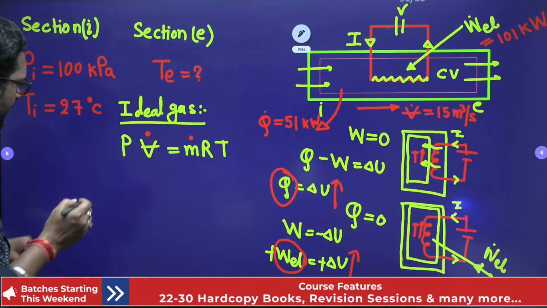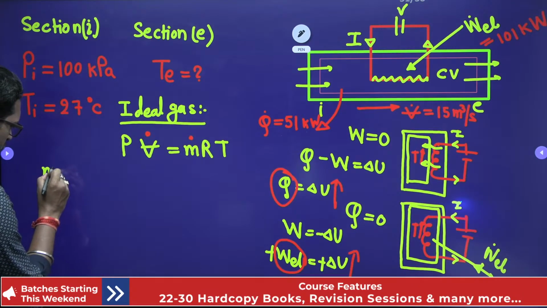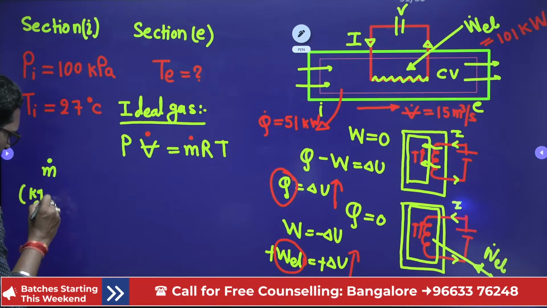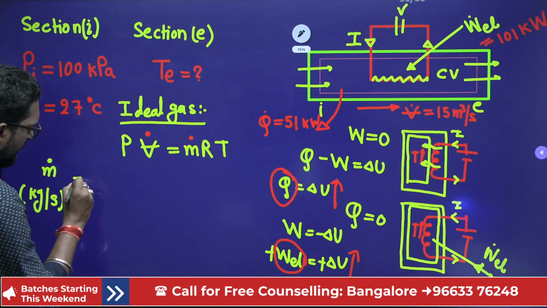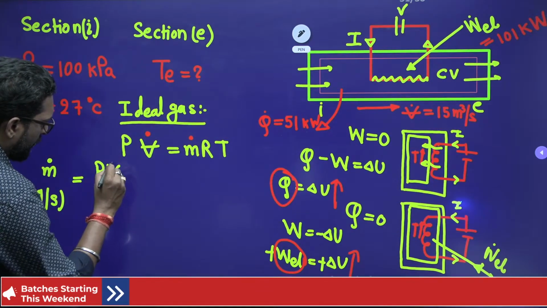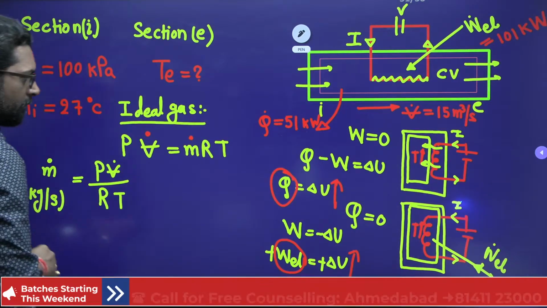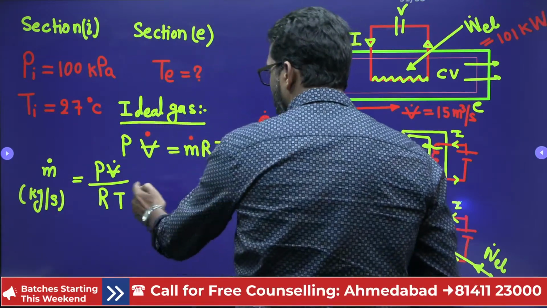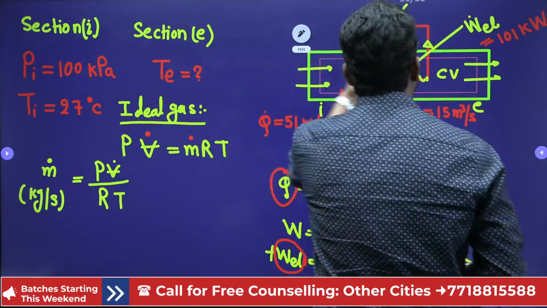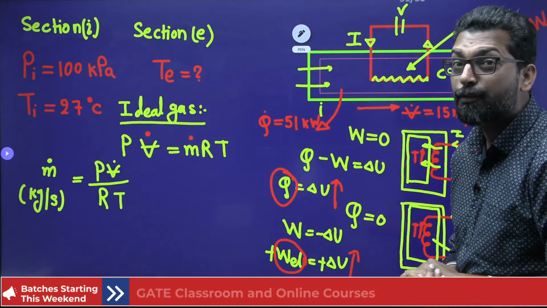From here, m dot is in kg per second, and m dot is equal to P into volume flow rate divided by R into T. Which temperature and pressure should we put? Any of them, because the mass flow rate is uniform.